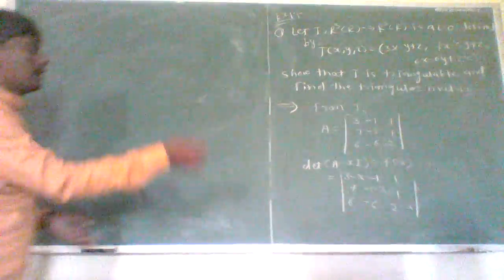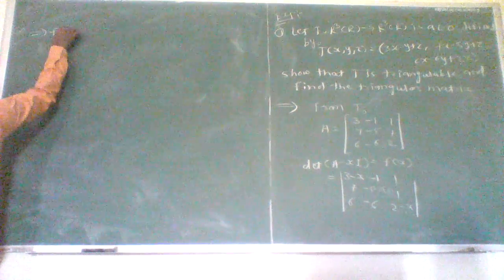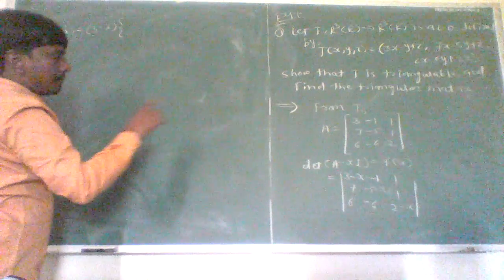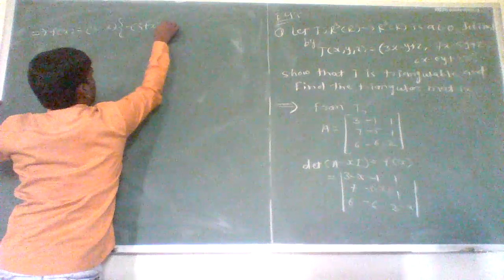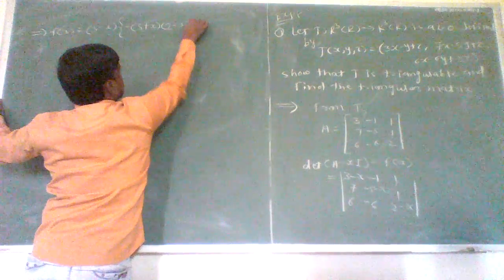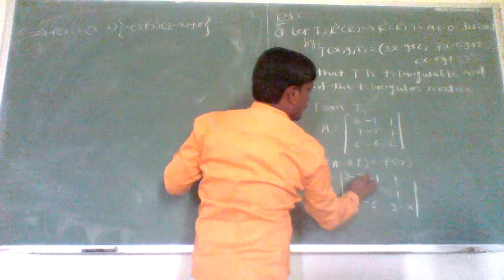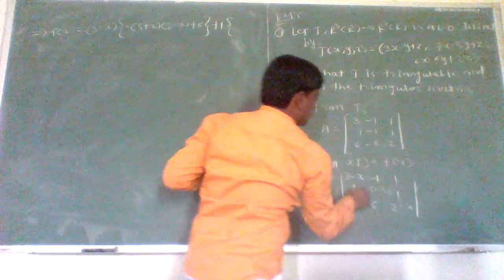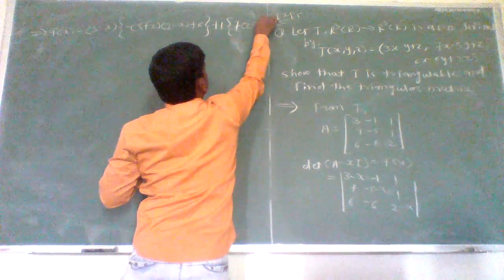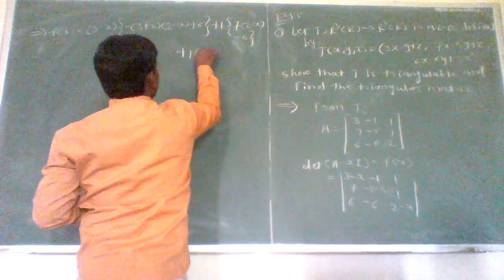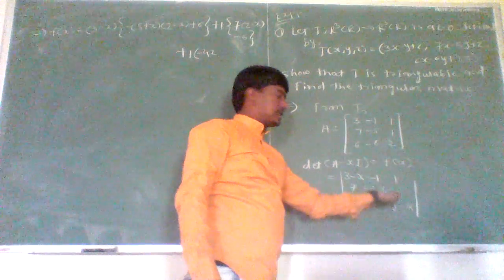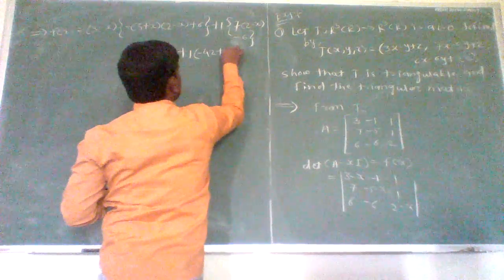This one is the characteristic polynomial, which implies f of x is equal to (3 minus x) into (minus of (5 plus x)) into (2 minus x) plus 6, plus minus of plus 1 into (7 into (2 minus x) minus 6), 7 into (2 minus x) minus 6, plus again 1 into (7 into 6 minus 42), plus minus of (5 plus x) times 6, which is 6 into (5 plus x).